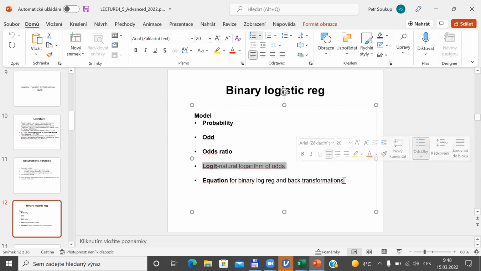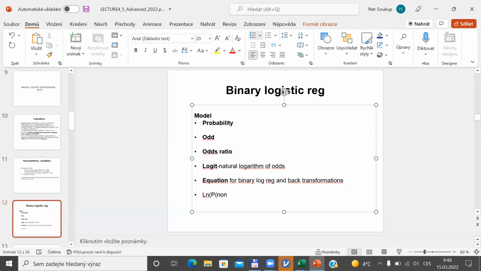Maybe it would be good to type some equation for this example. So I will take the case of survival on Titanic.